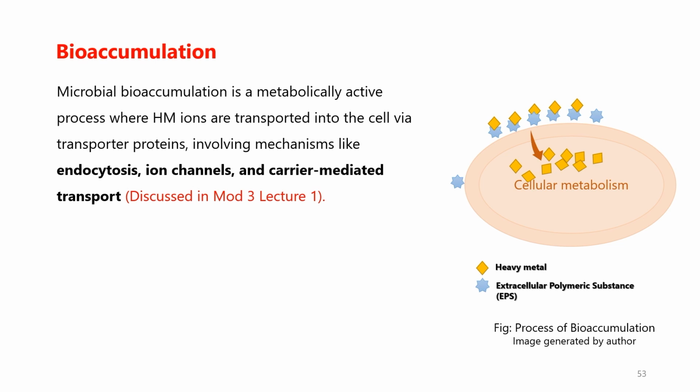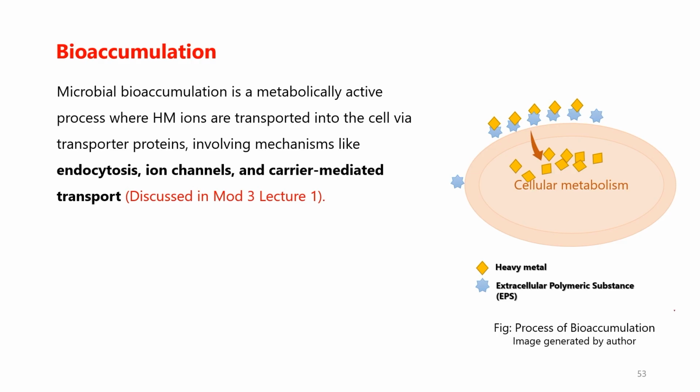Now, another method is microbial bioaccumulation, which is a metabolically active process where heavy metal ions are transported into the cell via transporter proteins involving mechanisms like endocytosis, ion channels, and carrier mediated transport, and we have discussed these in module 3 earlier.